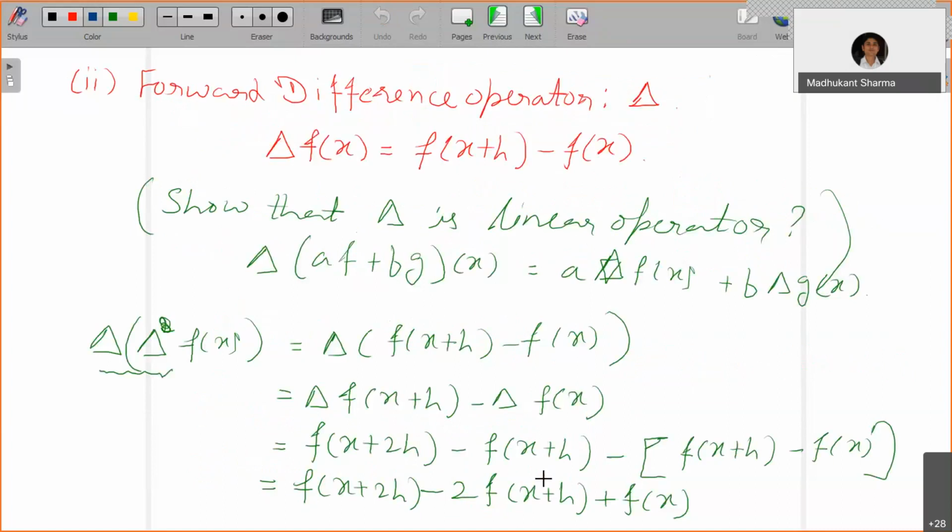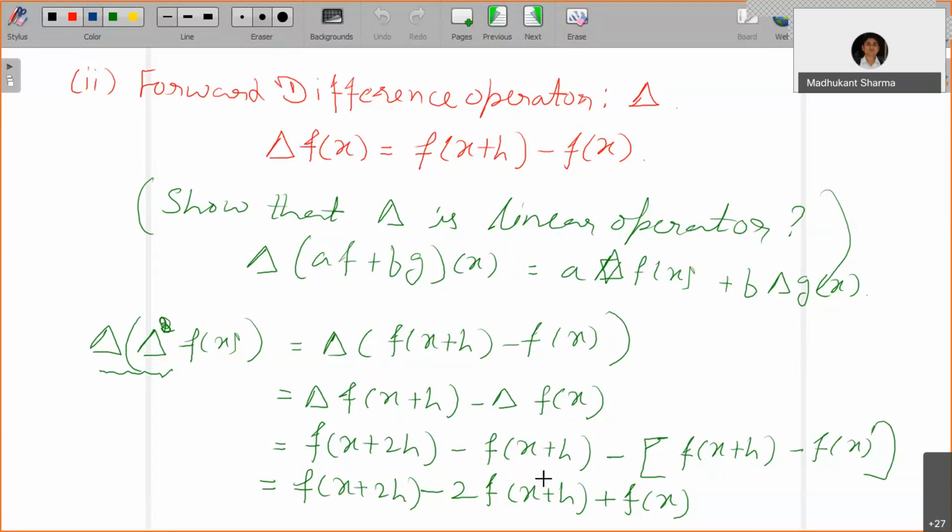Another operator which we have defined is the forward difference operator. These operators are related to each other, and moreover they will give you an approximation for derivatives. How good an approximation they give will come a little later.